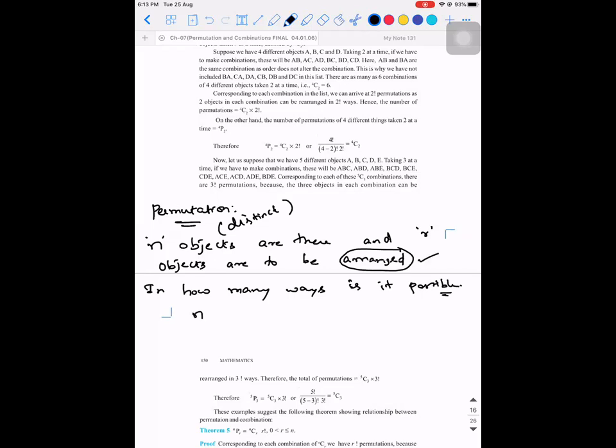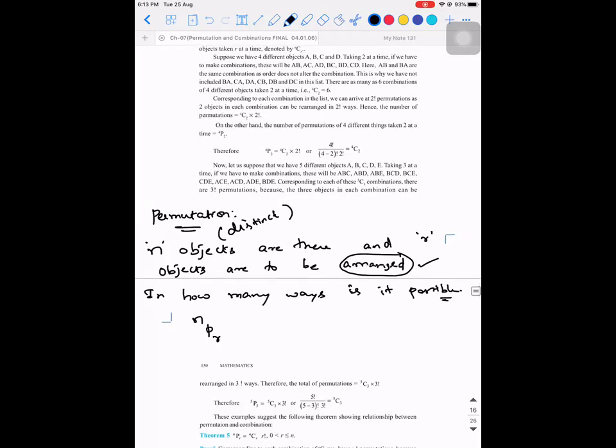Arranged means permutation. Out of the n distinct objects, you are going to arrange r objects. So for this nPr, can I say like this? You are going to select r objects from how many objects?